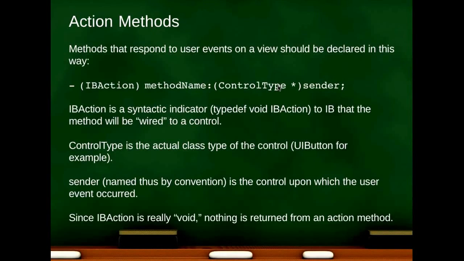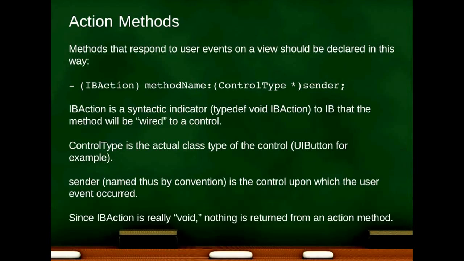We can also declare this to be of type id because we know that id means any object. But then if we're going to do anything with the sender, we need to make sure that the sender is really a button or really a segmented control or really a text field or whatever it is.